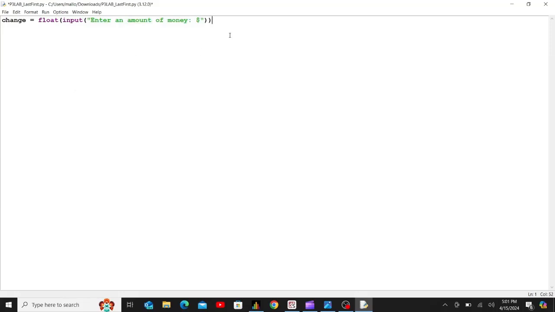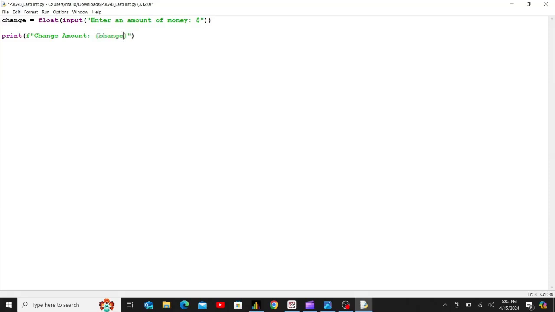All right. So now, just to test this out, let's write a little print statement, and I'm going to make it an F string, and I'm going to say change amount. So in other words, the amount of money that we need to make change for. All right. And since I'm using an F string, I'm going to print my variable now. I'm going to print the value held in this variable.